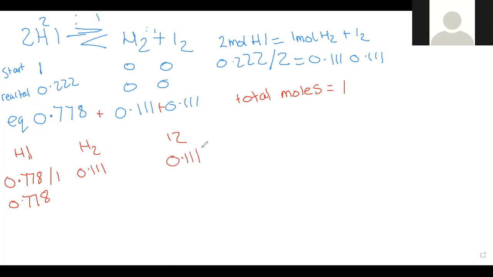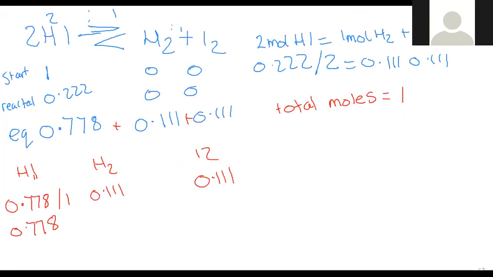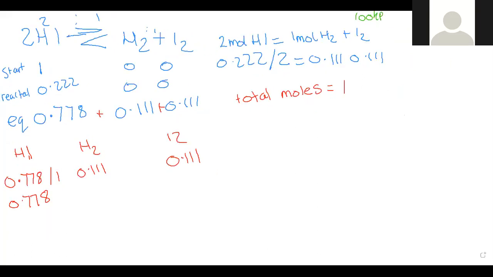So now we just need to calculate partial pressure. If you can remember from earlier, to calculate partial pressure, we multiply our mole fraction by our total pressure, our P tot. Our total pressure for this question was 100 kilopascals.